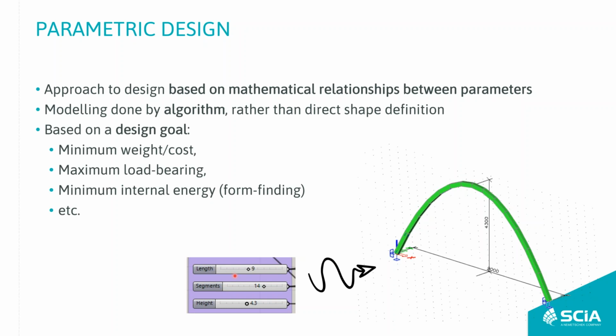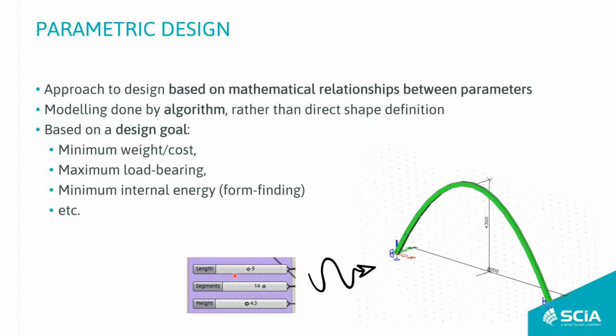And the most common way of working in parametric design is that I have some design goal which I would like to achieve. For example, I'm designing my structure so that there will be the minimum ratio between the weight of the structure and the cost. Or I would like to design my structure so that there is maximum load-bearing capacity.